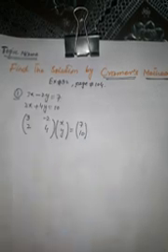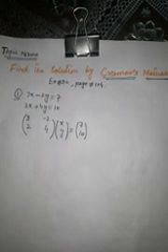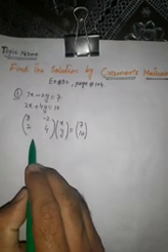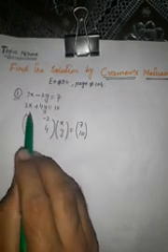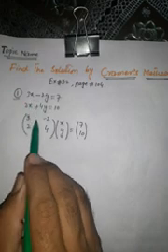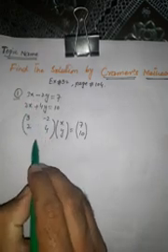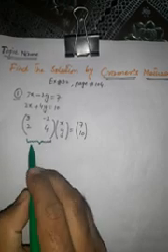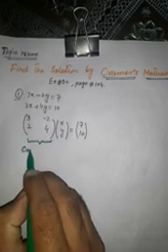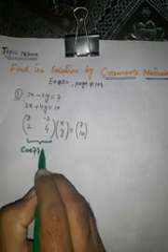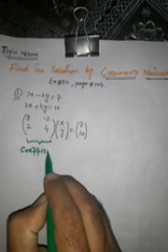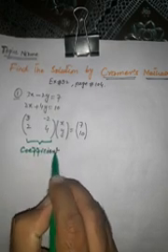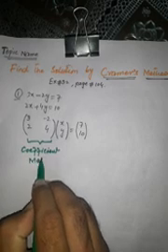We name the first matrix, which contains the coefficients of the variables, the coefficient matrix.